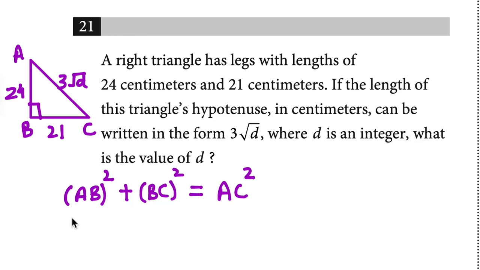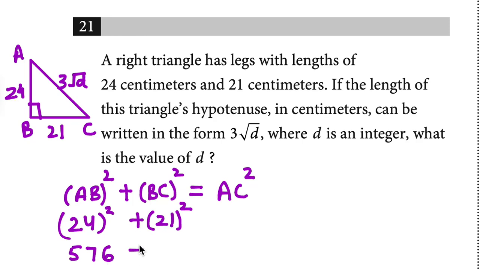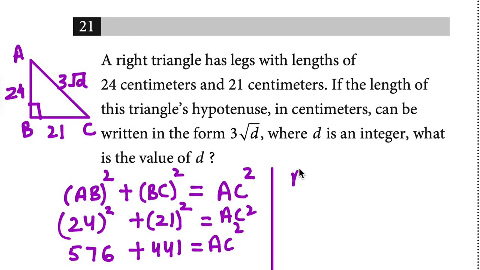So this is 24 squared plus 21 squared, and 24 squared is 576, plus 21 squared is 441. So this is equal to AC squared. So AC squared is equal to these two. If you sum them up, this is 1017, right?